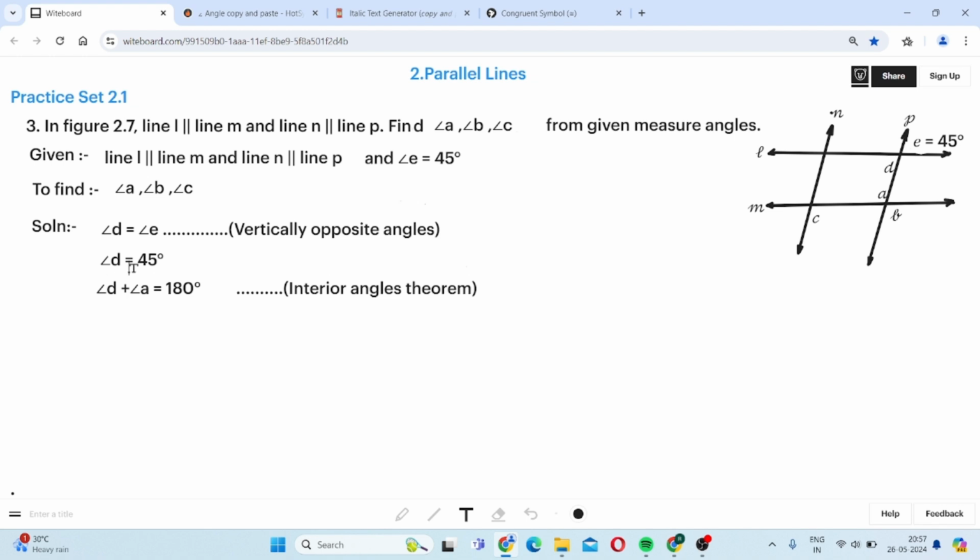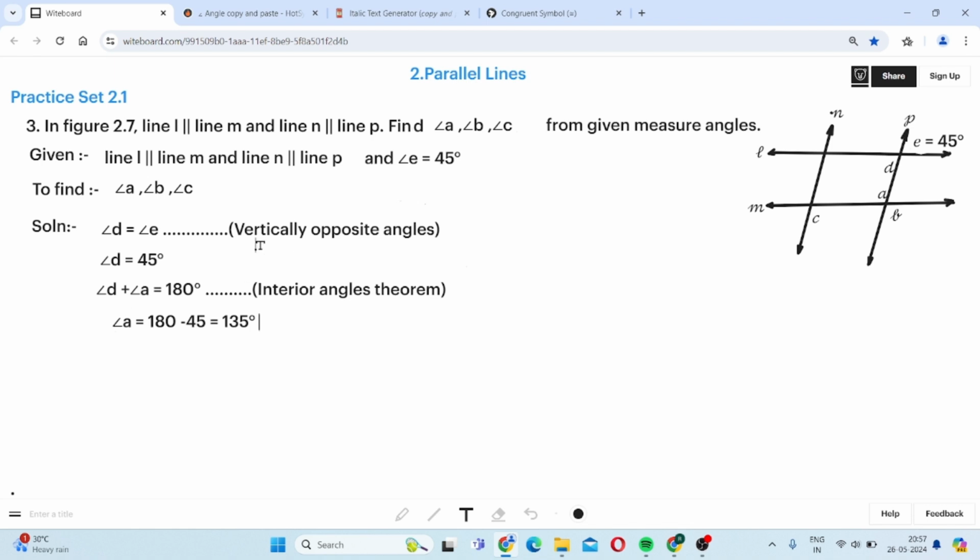Now we have found angle D as 45 degrees. Therefore, angle A is equal to 180 minus 45, that is equal to 135 degrees. Right? We got the first angle.